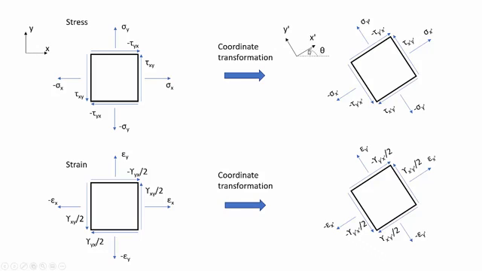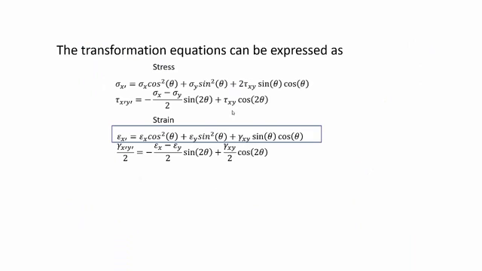So in order to calculate the new stress or strain at a new direction x prime, we just need to do a coordinate transformation calculation. So you can look at the detail in textbook, but here we just want to show the result.